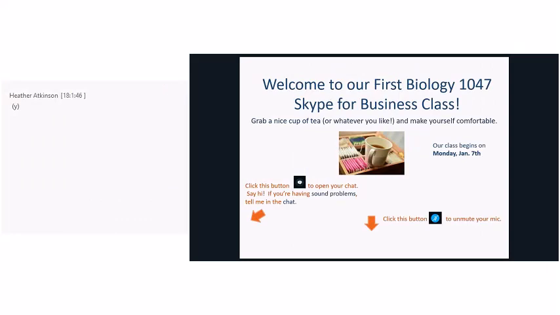All right. So this is our first Biology 1047 Skype class. Hopefully this recording goes smoothly and I will be able to post that to YouTube that I can then share in our Unit 1 video section. I think it was probably the same for you last semester.